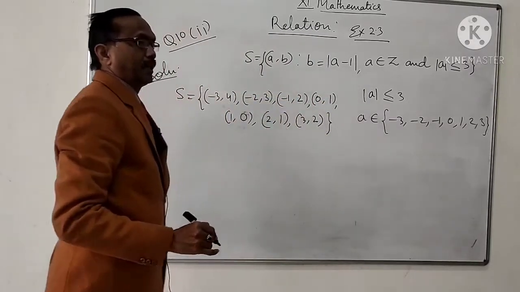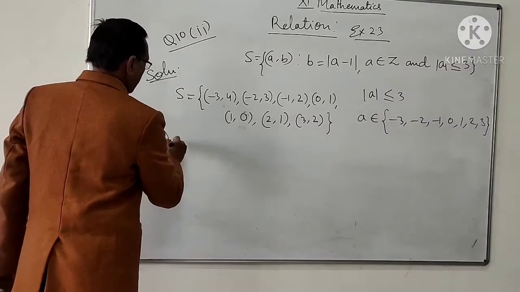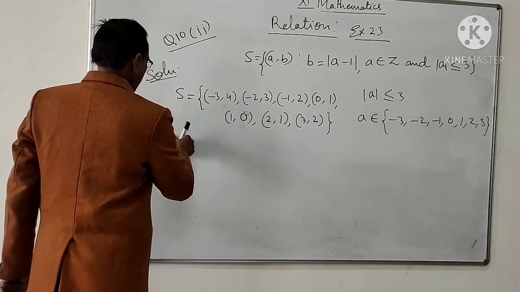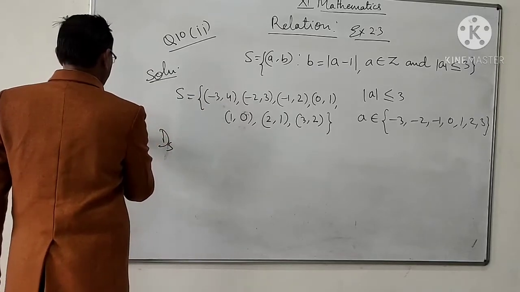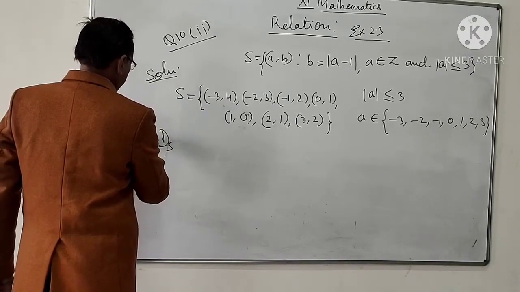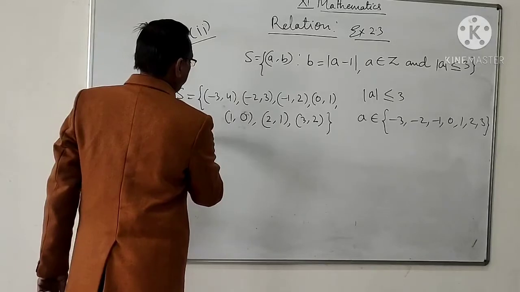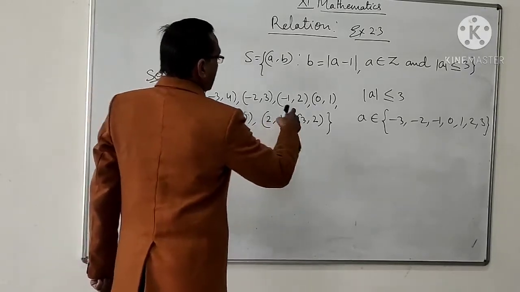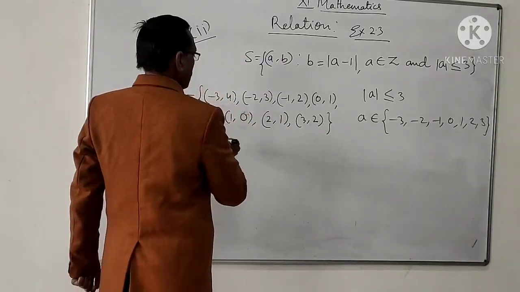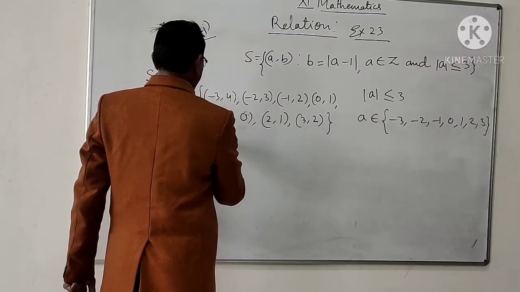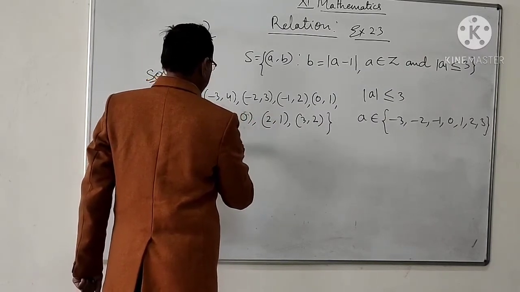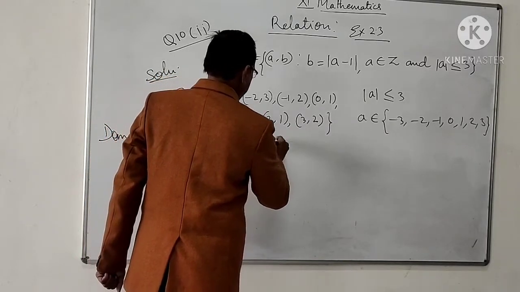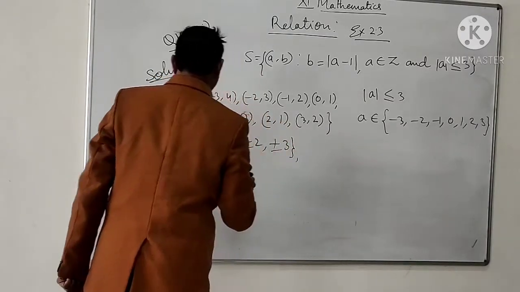This is the relation. Now the domain of S is the set of values of X, so it is 0, plus minus 1, plus minus 2 and plus minus 3.